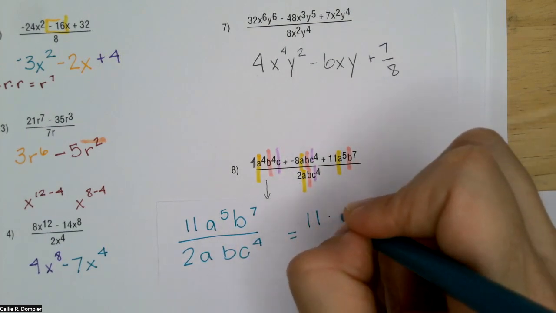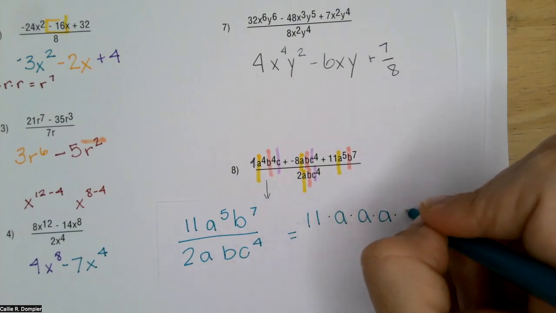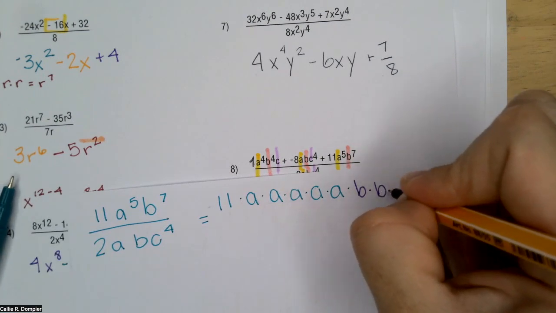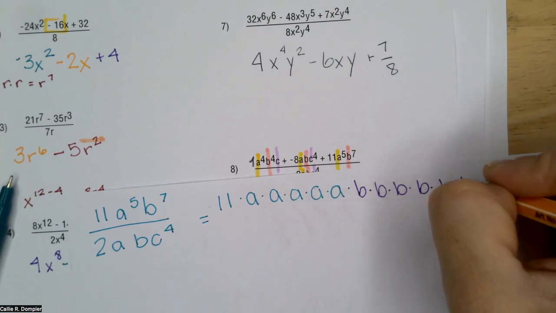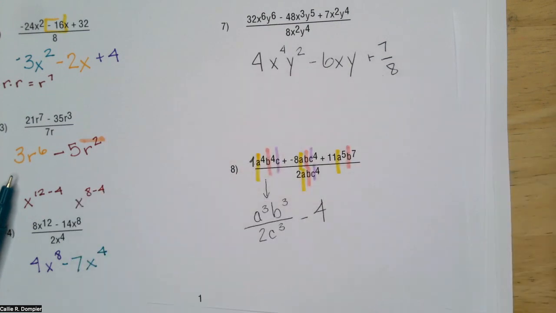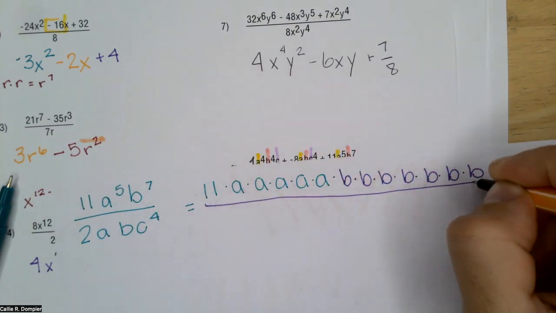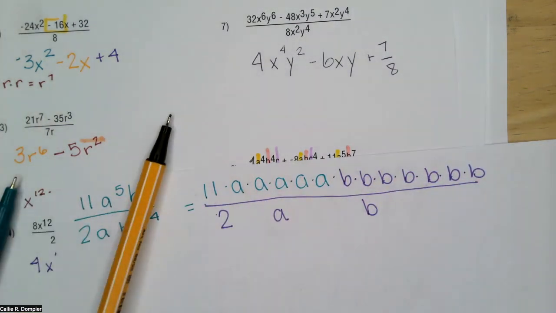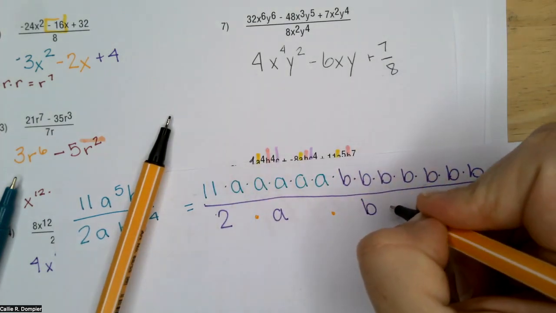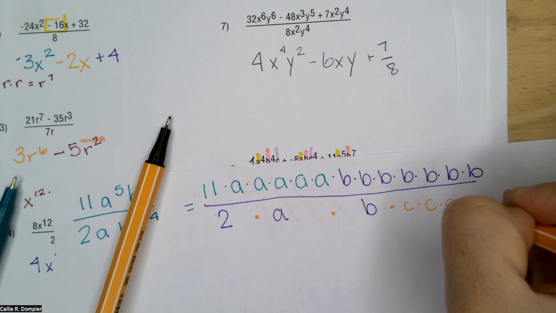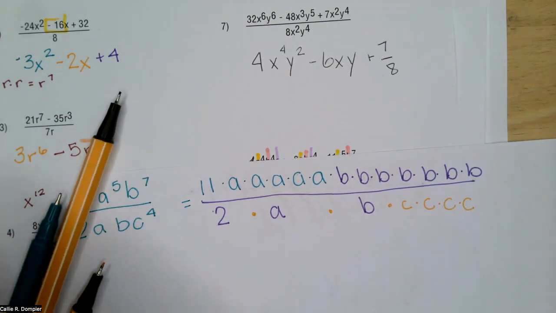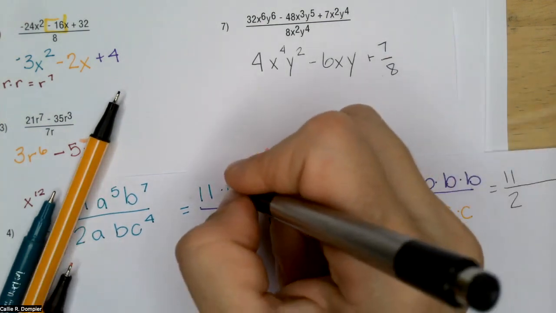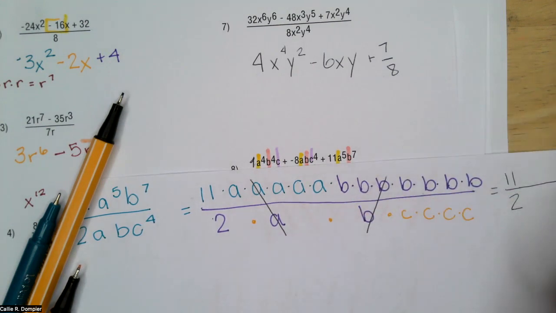So we're just going to leave it as 11 times 5 a's, 7 b's, and then 4 c's. Good. 11 divided by 2 just remains 11 over 2. That a cancels, that b cancels, none of the c's cancel.